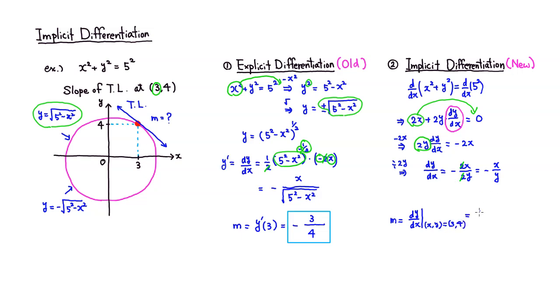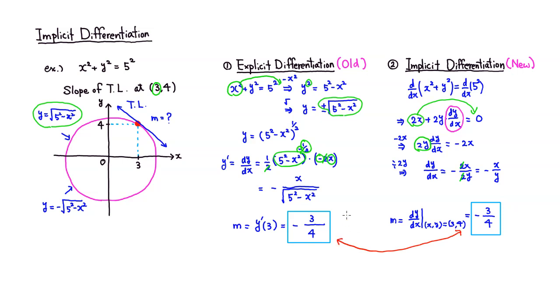Then you get negative 3 over 4. So we got the slope of the tangent line using implicit differentiation, and you can see that you are getting exactly the same answer here.